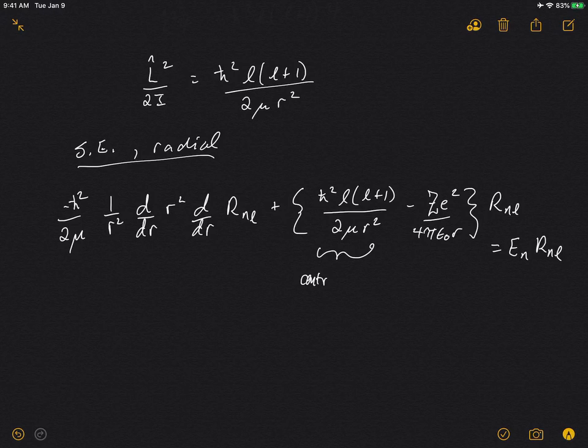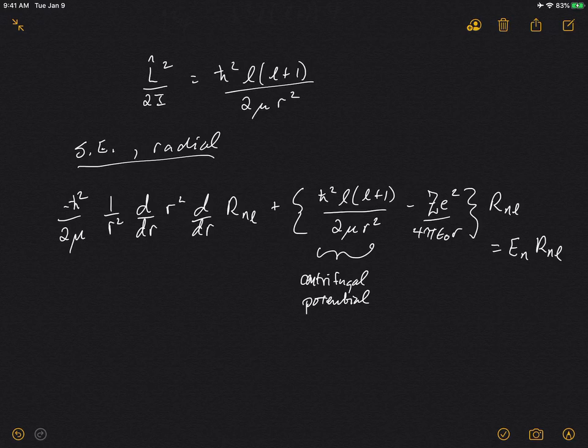So this is sometimes called the centrifugal potential, in that it kind of looks like a potential. We have a Coulomb potential here. It has 1 over r dependence. This has a 1 over r squared dependence.